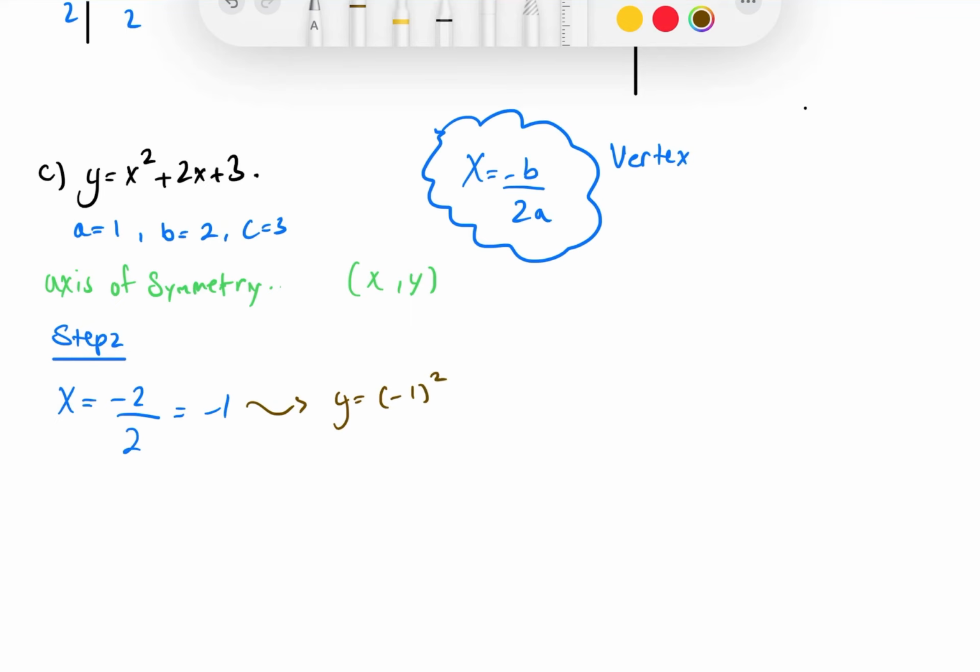So you're going to get -1 to the power of 2 plus 2 times -1 plus 3. That's going to be 1 minus 2 plus 3. So the answer right here is going to be +2. Okay, so that means that your vertex is located at -1 and 2, right?